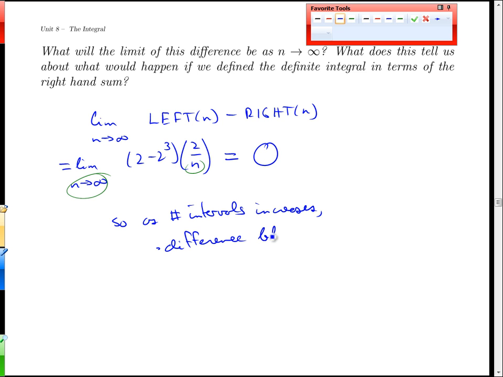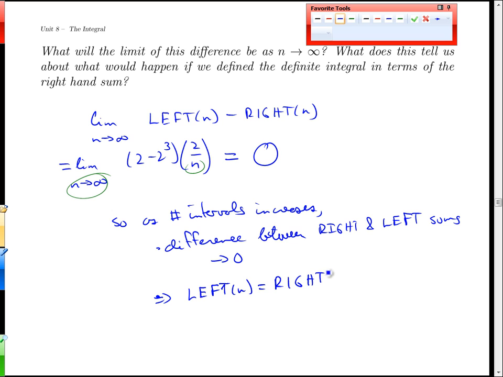But the difference between the right and left sums heads towards 0, well, if their difference heads towards 0, then that means that left of n is equal to right of n in the limit as n goes to infinity.